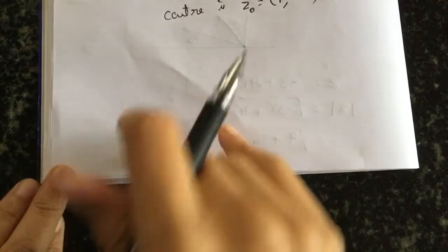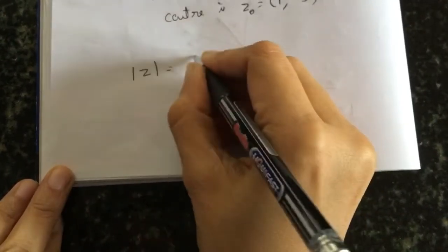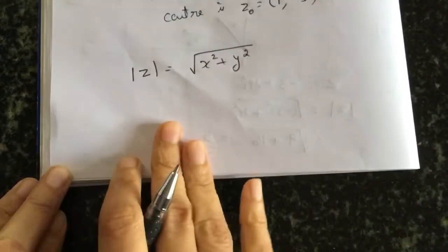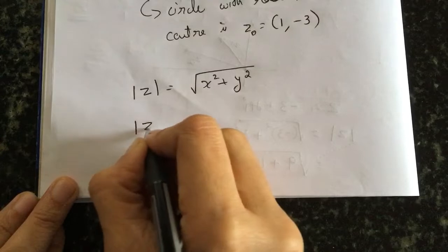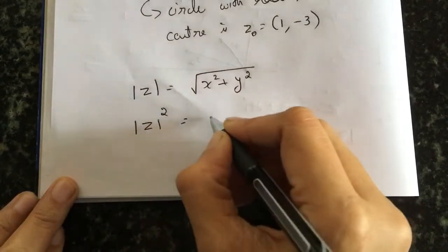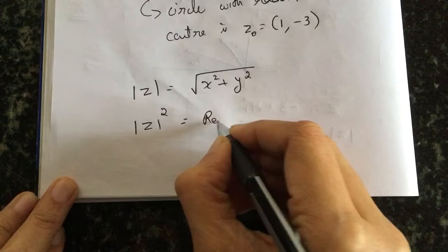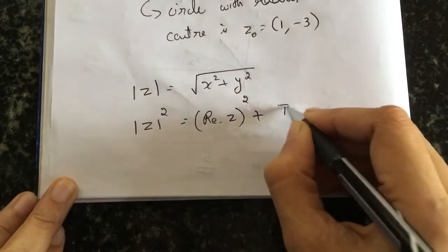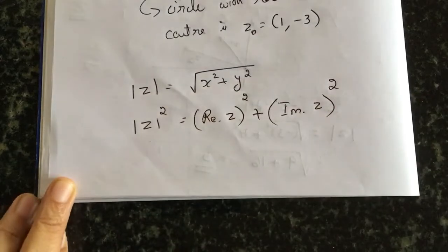Now one more point. When I have mod z equal to root of x square plus y square, I want to find the square of my modulus value, so it's mod z square. This will be x square, which is the real part of z whole square, plus the imaginary part of z whole square, right?